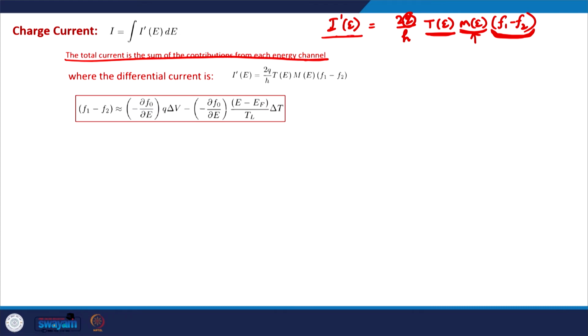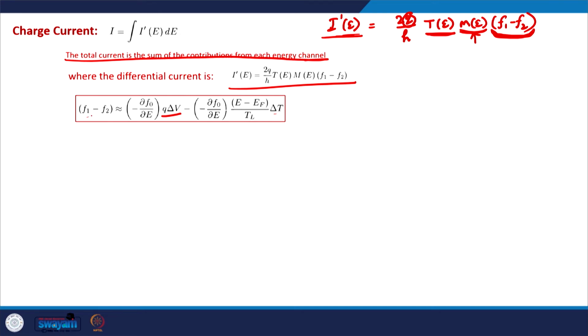This differential current is given by this value, and as we now know very clearly, F1 minus F2 is minus del F by del E times q delta V, minus del F naught by del E times (E minus EF) by TL times delta T. So F1 minus F2 depends both on applied voltage and applied temperature difference.